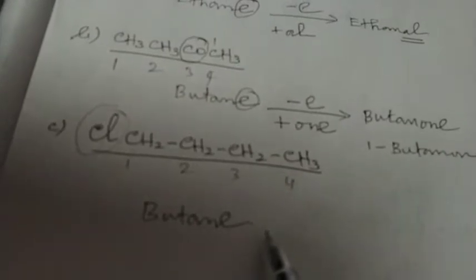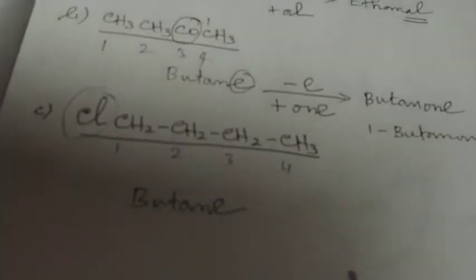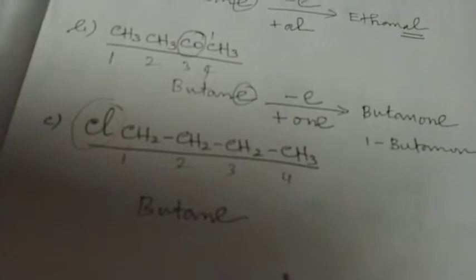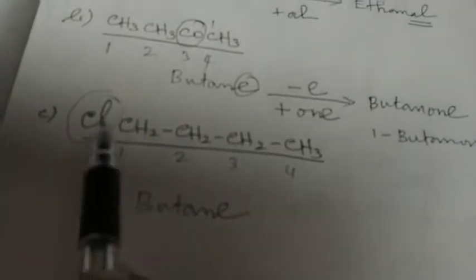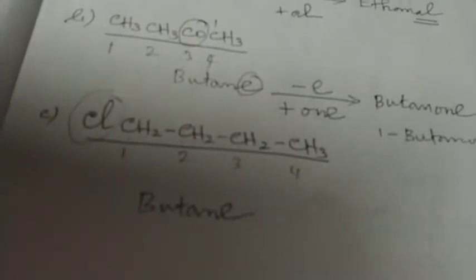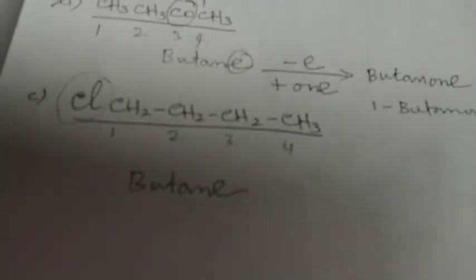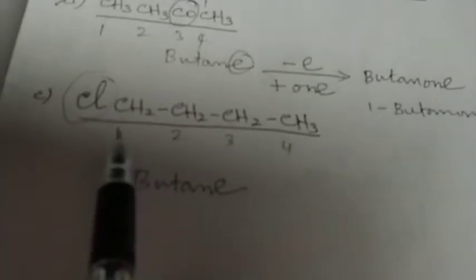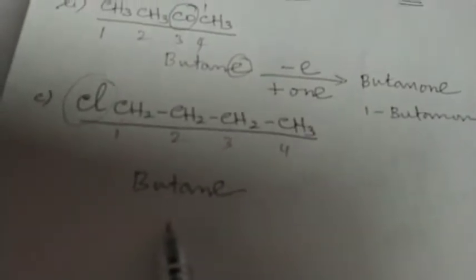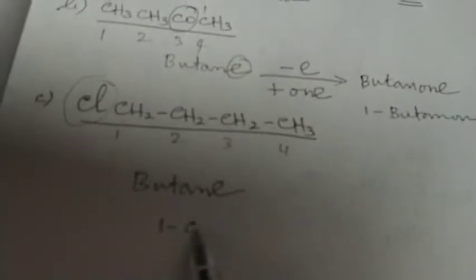And there is a substituent here. What is the substituent? Chloro. The name of the substituent is going to be a prefix. What is the position of the substituent? On the first carbon. So 1-chloro.